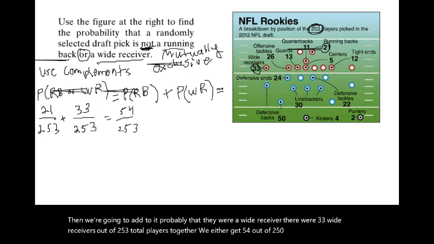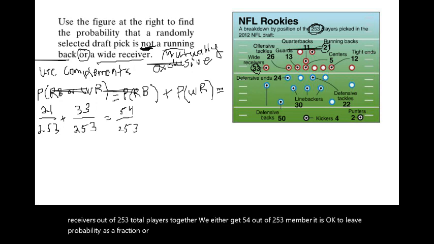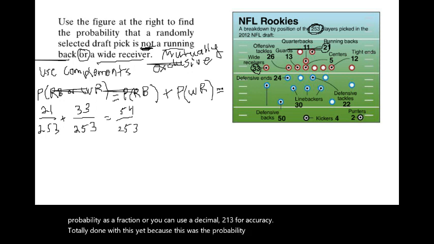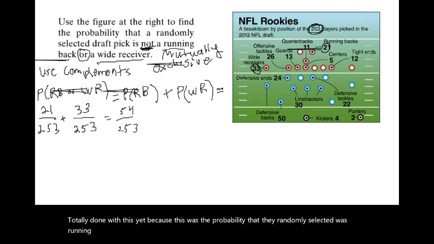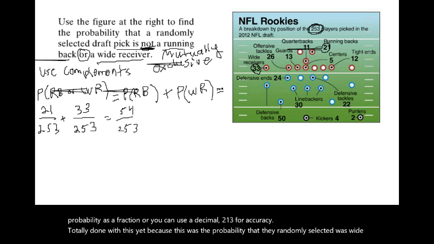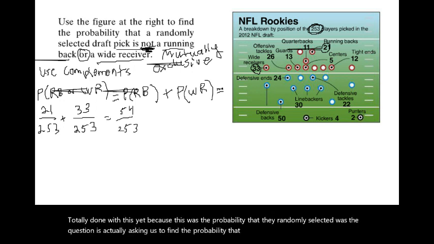Remember, it is okay to leave probability as a fraction, or you can use a decimal. But just for accuracy, I'm going to leave it as a fraction because we're not totally done with this yet. This was the probability that the randomly selected draft pick was a running back or a wide receiver. The question is actually asking us to find the probability that they are not a running back or a wide receiver.